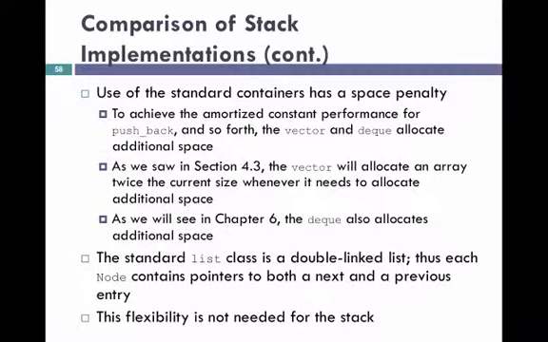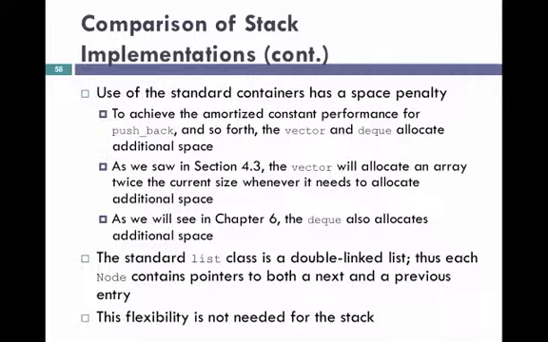Now, using standard containers has a space penalty. To achieve this amortized constant performance, for push back and so forth, vector and deque allocate additional space. So vector will allocate an array twice the size of the current size, and deque also allocates additional space.